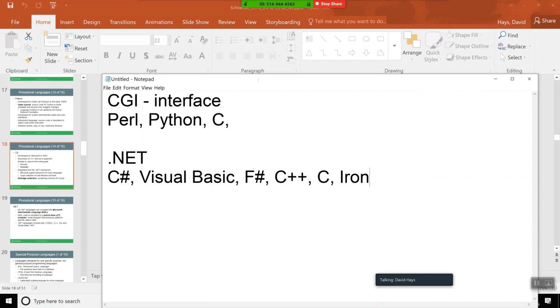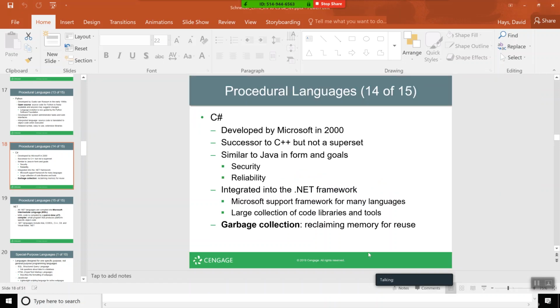IronPython, I think, was one of them. Okay. And they tell you that here. The .NET Framework is a Microsoft support framework for many languages. It allows them to talk together. It has a large collection of code libraries and tools, and garbage collection, which is reclaiming memory for reuse.